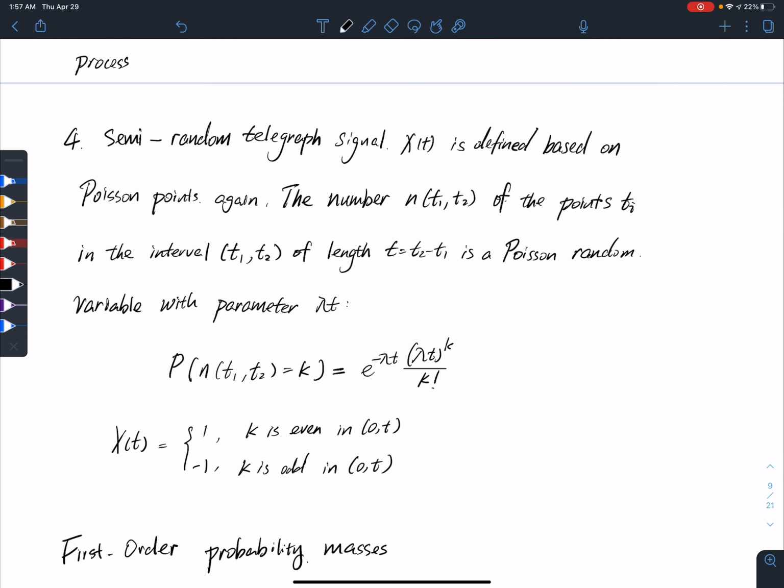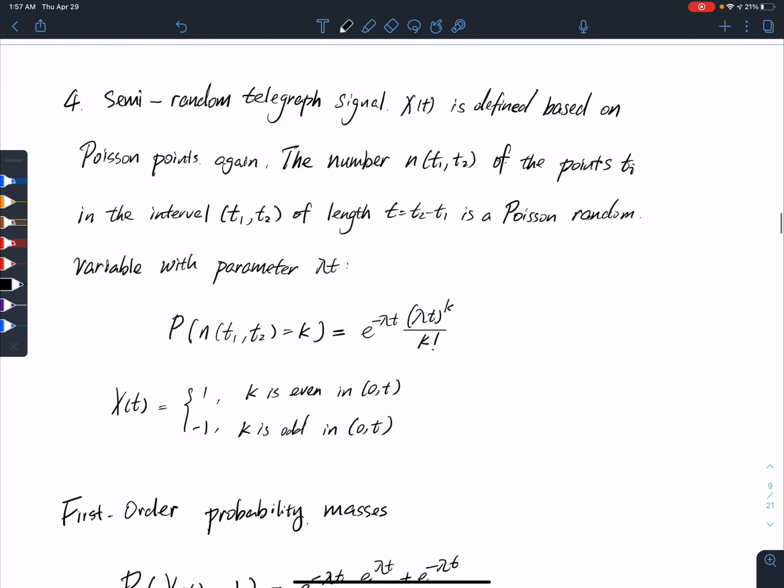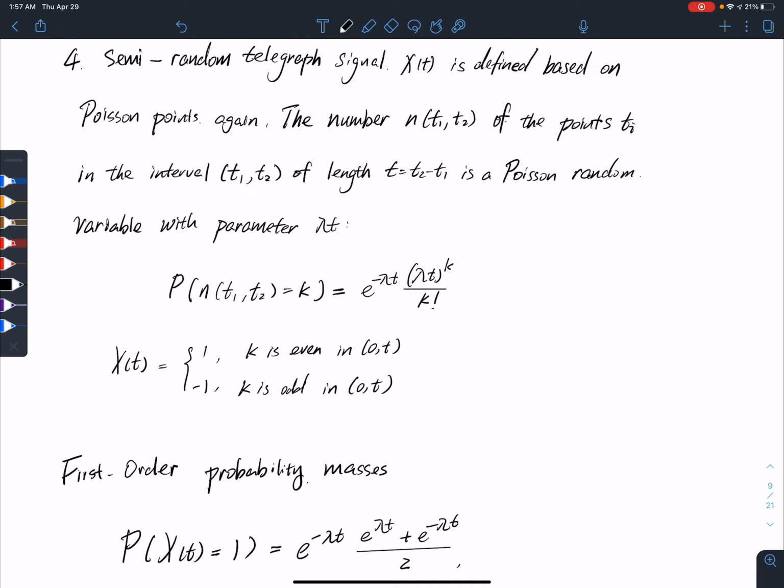Probability n(t1, t2) equal to k is e to the power negative lambda t times lambda t to the power k over k factorial. x(t) equals 1 if k is even in (0, t), and x(t) equals negative 1 if k is odd in (0, t).